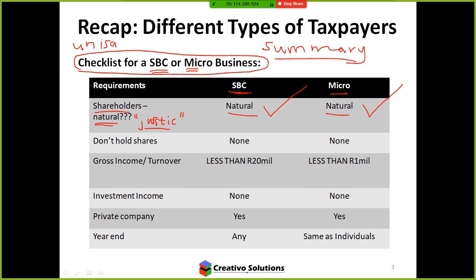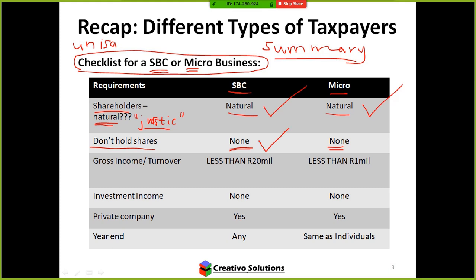The next check is, does that individual, that shareholder, hold any equity, any shares? They have to have no equity shareholdings. You can't hold shares in different companies because then that would fall outside of the scope. Remember the scope for an SBC and a micro, we're looking at very small businesses.